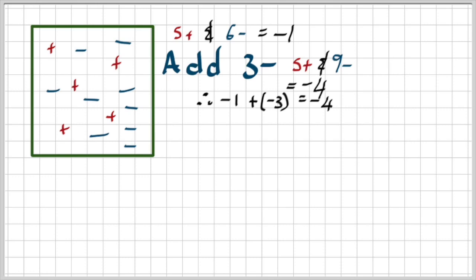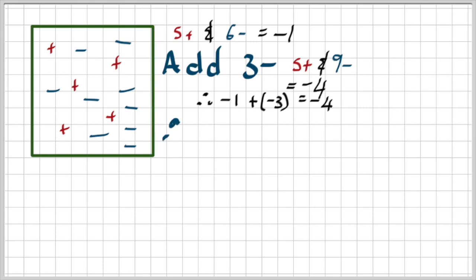That is very interesting. So if I add negatives, my answer becomes more negative. And just let that sink in the way that I say it. If I add negatives, then my answer is going to become more negative. And that makes so much more sense to me. Hopefully to you as well.